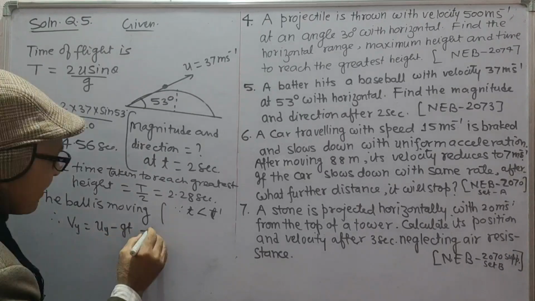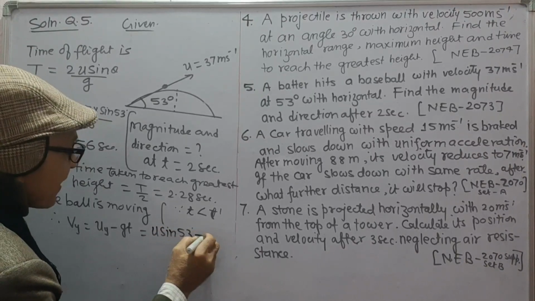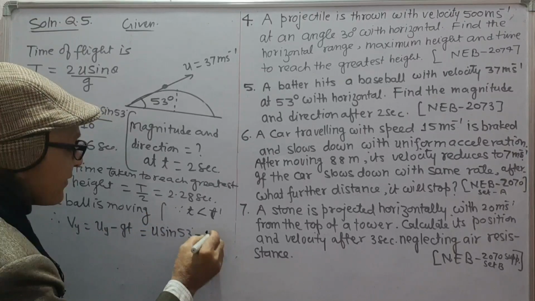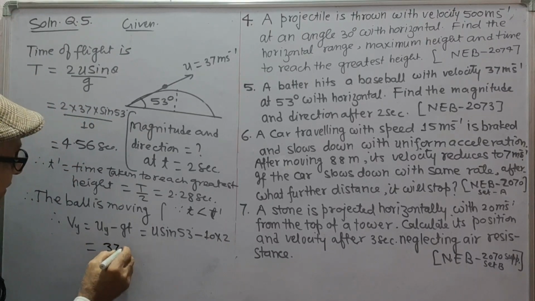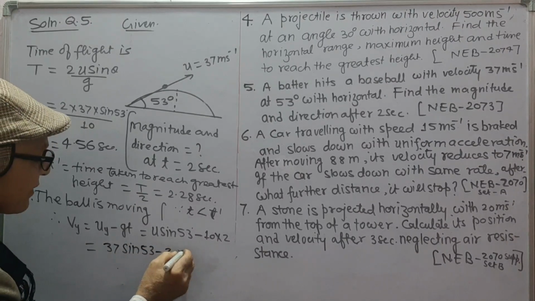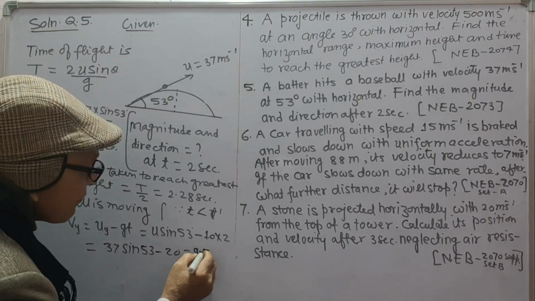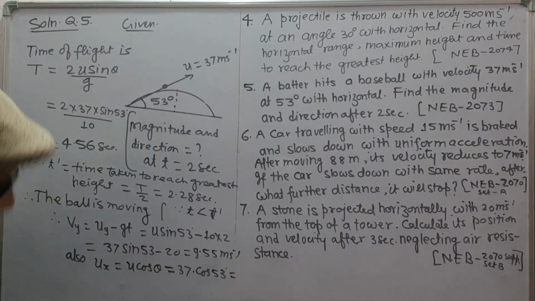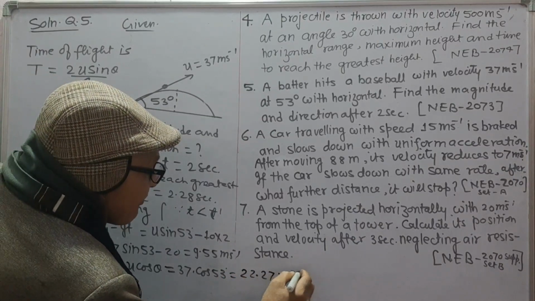U vertical is u sin 53, minus 10 into t. So we get 37 sin 53 minus 20, which gives 9.55 meter per second.